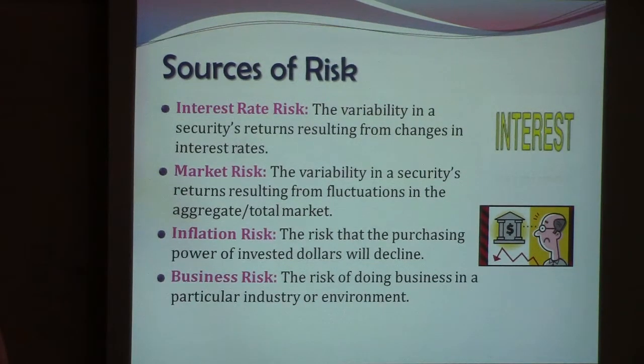When interest rates change, prices of assets change. For example, when interest rates go up, prices of bonds tend to go down. When interest rates go up, prices of stocks also have an effect, either short-term or long-term. So there are different ways and reasons for interest rates to affect the price of different assets.